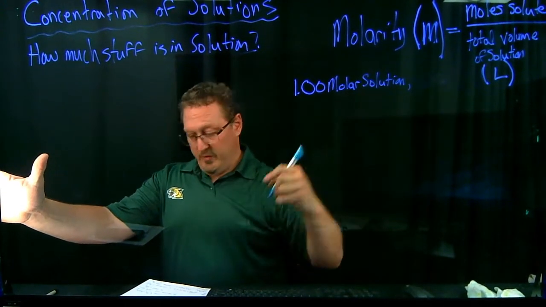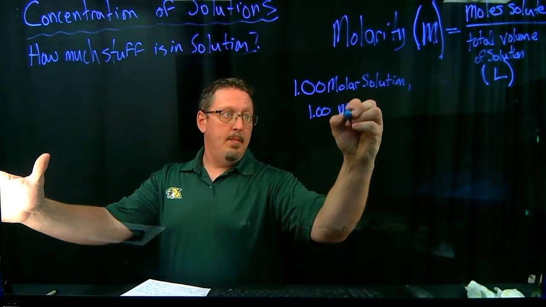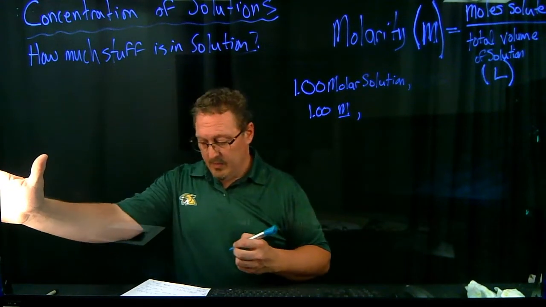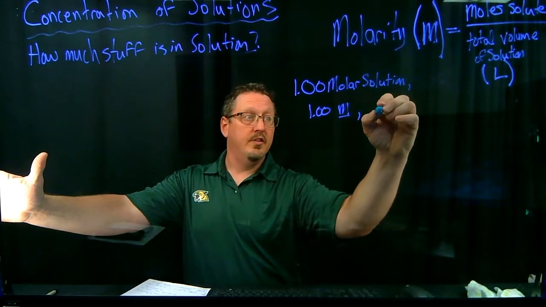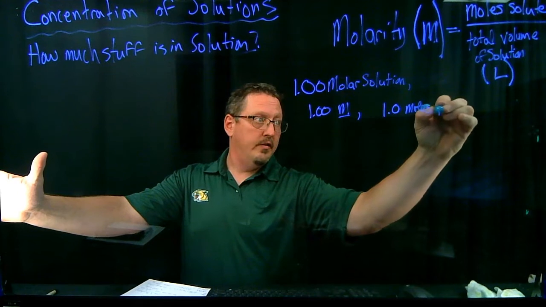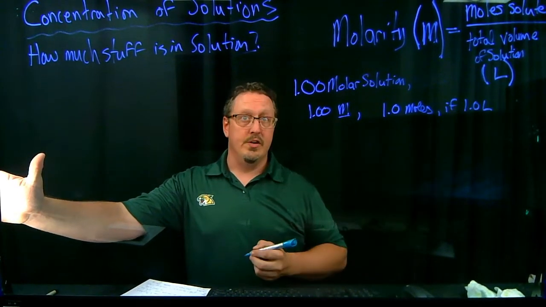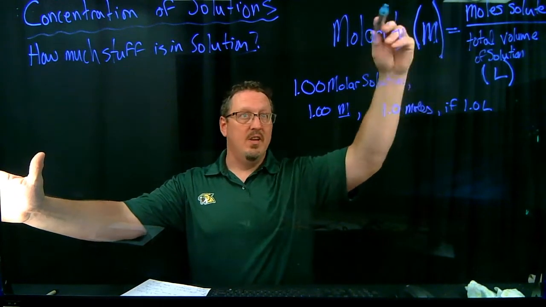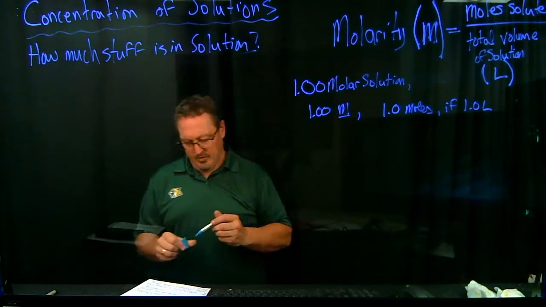We would write that as 1.00 big M. And that means that solution would contain 1.0 moles of whatever it was if 1.0 liters was poured out. And we can figure this out. We can put stuff in. We kind of work back and forth sometimes. I'll show you what I'm talking about.